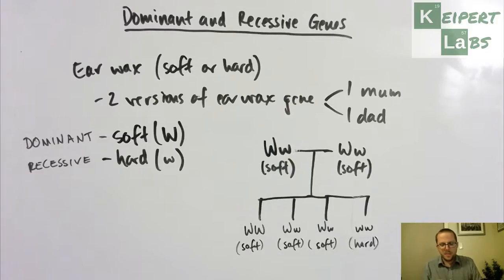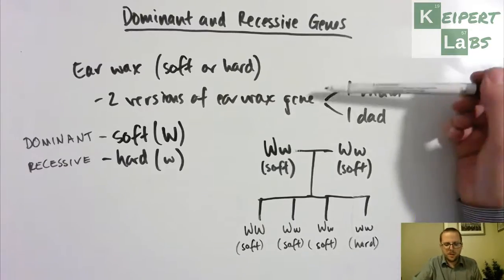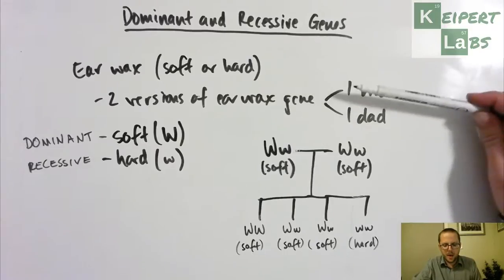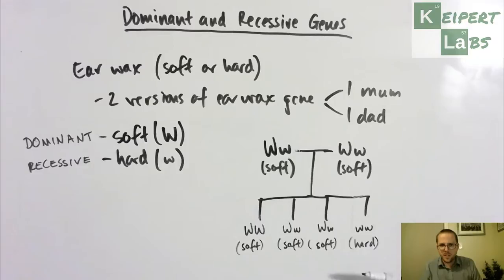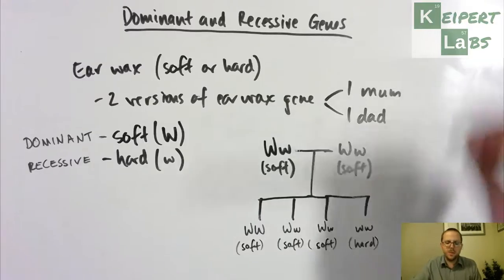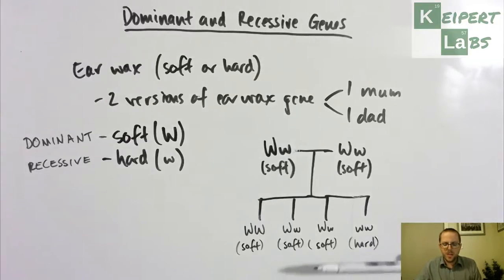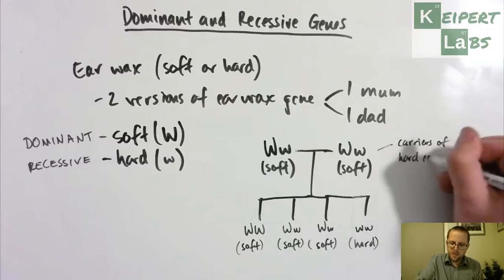So what that means is that the hard earwax seems to have skipped a generation. Your dad had hard earwax, and you and your partner don't, but then one of your children does. So it seems like the gene skips over the generation because you carried this gene. We would say that you guys are carriers of the hard earwax gene.